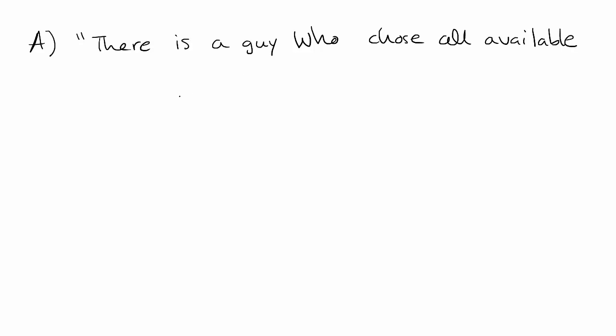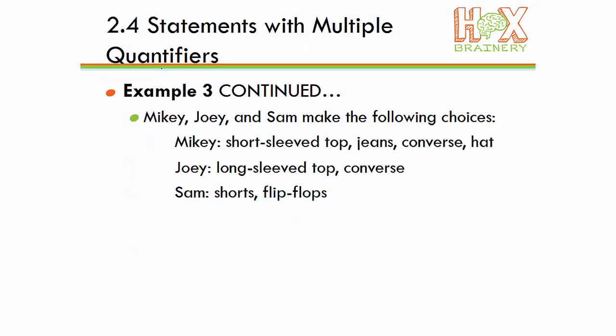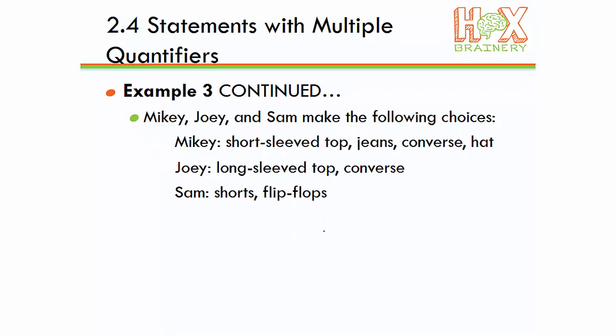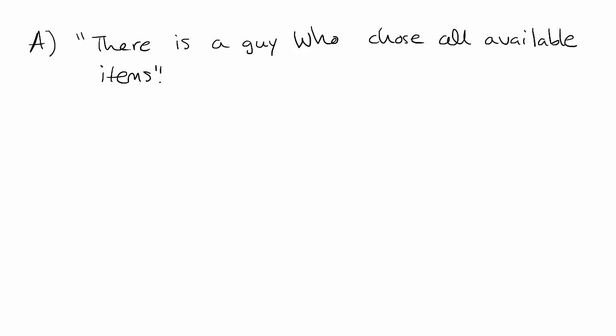We had a list. And if you go back to the items, there are a couple options for tops, 3 options for bottoms, 3 options for shoes, and a couple options for accessories. And there's 10 items there altogether. And if we look at Mikey, Joey, Sam, no one's wearing all 10 items. Nobody chose all 10 items. So this is false.